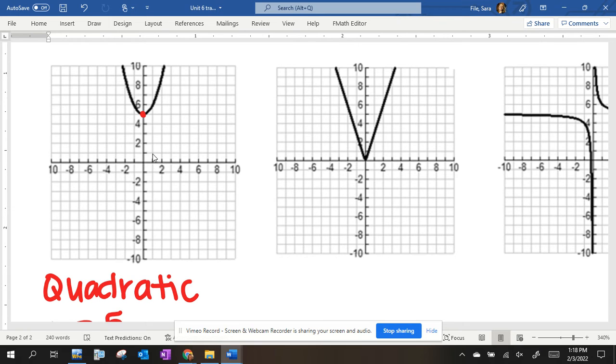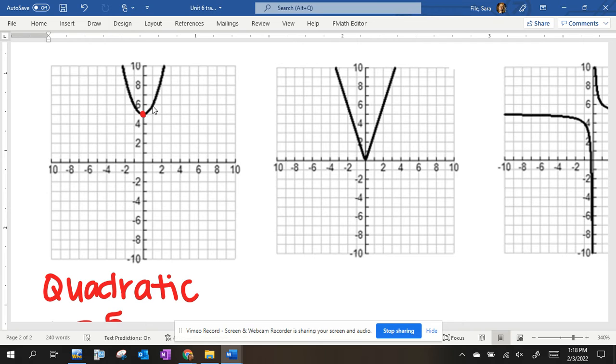Because 1 squared is 1. Okay, and then at 2, 2 squared is 4, right? So on the parent function, there's a point from the vertex over and up 1, over 2 and up 4. So we see if that's the same.